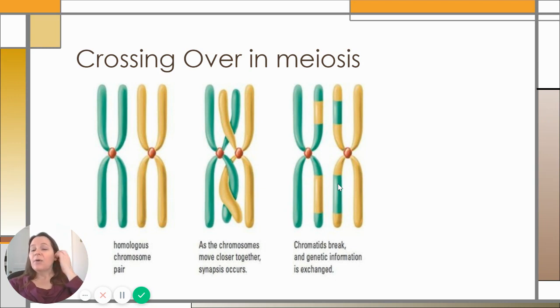Now, in terms of evolution, these alleles are not unique, right? Like your mom had that allele or your dad had that allele. However, the combination of alleles is new. And that new combination of alleles could result in new or different traits, because there are very few traits that are just one allele.